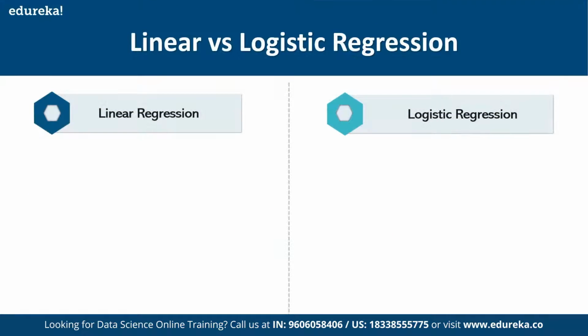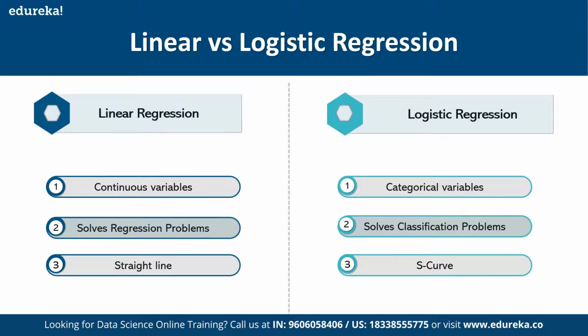So it's a simple comparison. You could see linear regression deals with continuous variables, as we discussed. Logistic regression deals with categorical variables like cat and dog, failure or success, yes or no. Linear regression deals with regression problems like predicting sales, revenue, or how many cars you have to stock as a dealer of a particular car, or how much inventory you need as a supplier of a particular product.